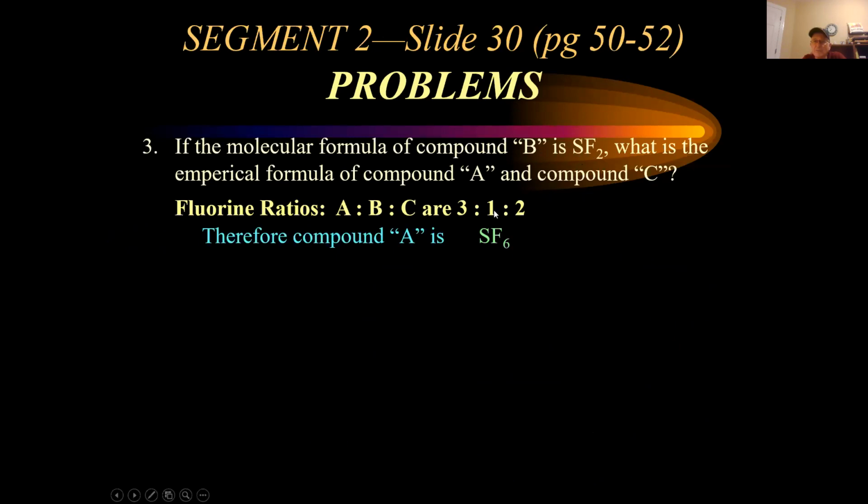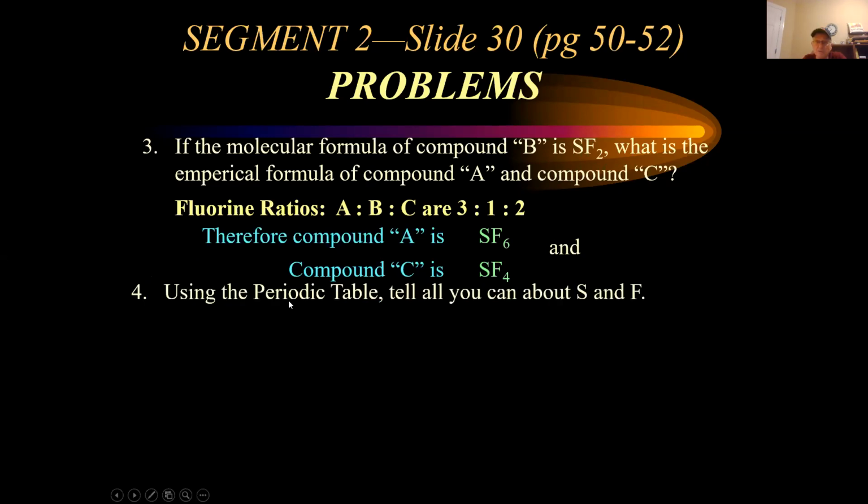For every sulfur, there's 3 times as much fluorine in the compound as there was in B. 3 times 2 would be 6. And if I look at compound C, it's SF4. So these are 3 known fluorides of sulfur. They can all be made in the lab, and they do satisfy the law of multiple proportions.